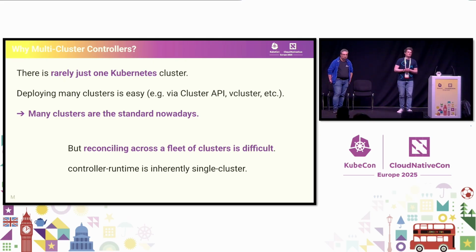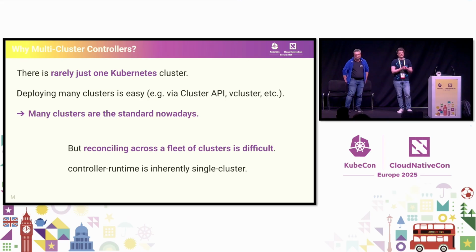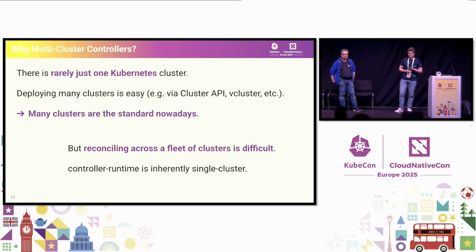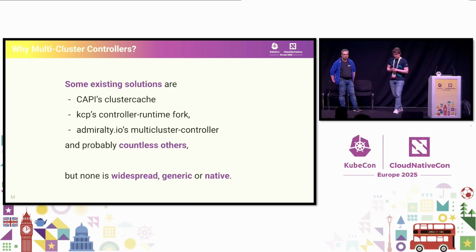And it's not something that is standardized. And Controller-runtime itself is fairly single cluster in how to use it and the tooling around it. But the fact remains that you need to reconcile across many clusters if you have many clusters.